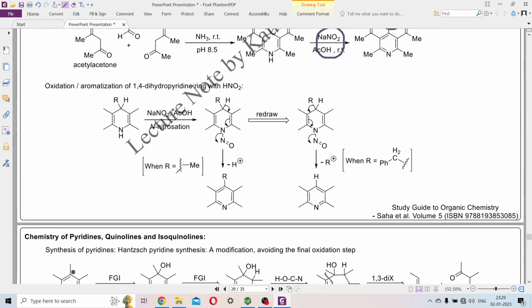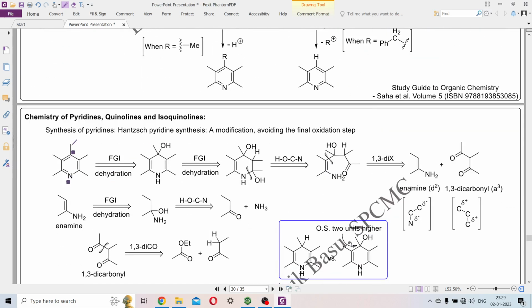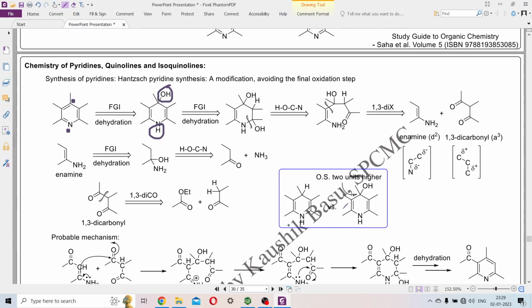But if we think that instead of adding H here, let us add one H here and add one OH here. So we are basically ending up with a different, revised target molecule, and that carbon's oxidation number is actually 2 units higher than the oxidation number here, because if one hydrogen is associated here, this carbon has an oxidation number of -1, and because it is now OH, it is actually +1.